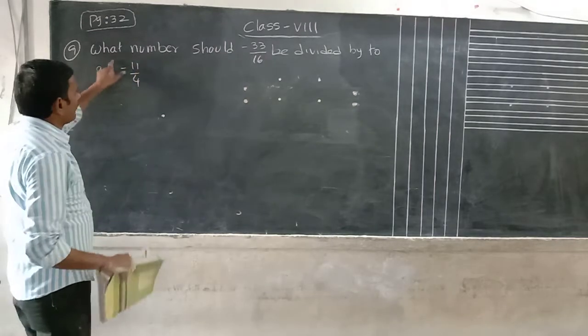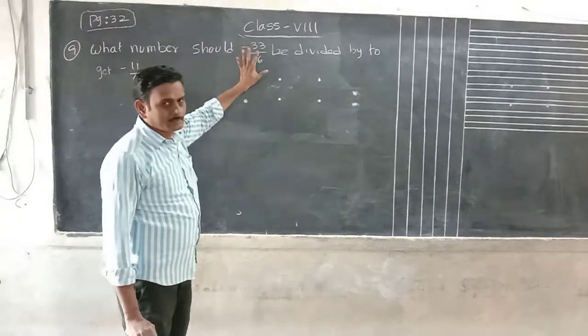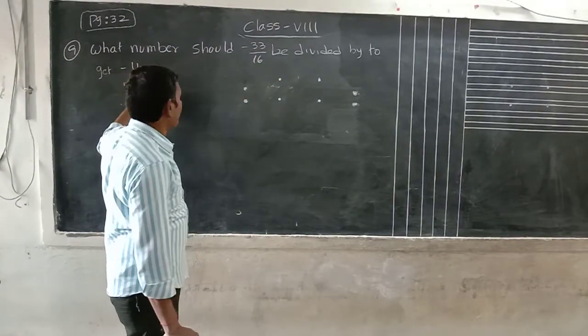Okay, what number should divide? That means this number should divide. Okay, this number should be divided by something to get minus 11 by 4.